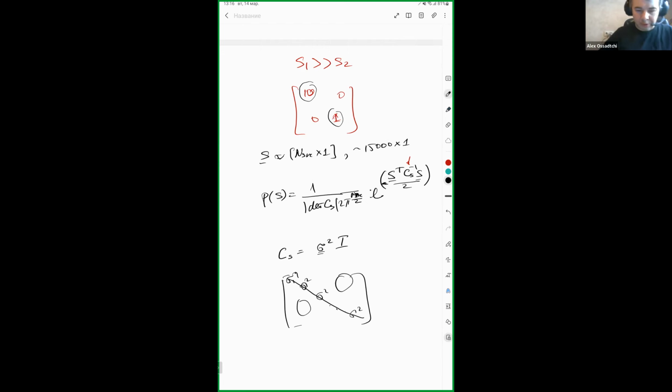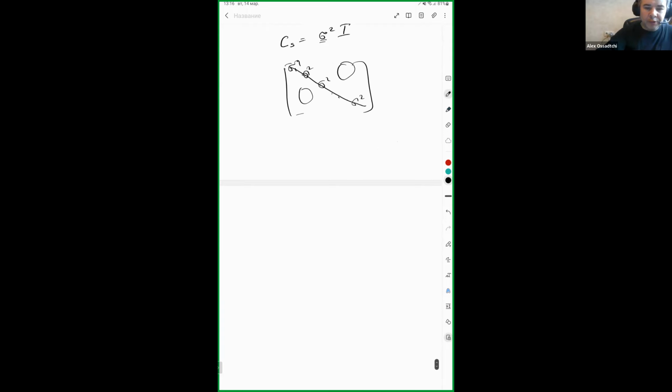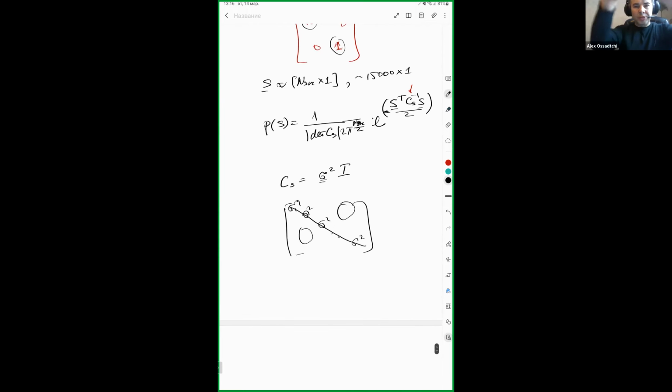Because MNE actually will tend to activate sources which are on the cortex, very close to the sensors, because their powers have to be small in order to explain the data, right? Because if you have deep sources, then you have to activate them with high amplitude.